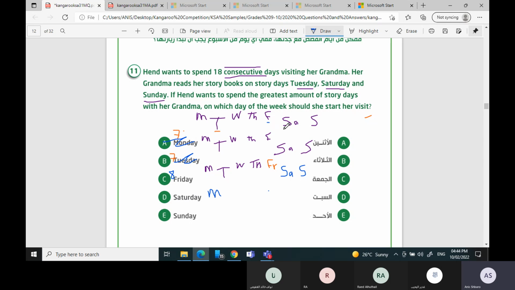So if she arrived on Saturday, she will stay for one more day here. I'm going to deal with 1, 2, 3, 4, 5, 6, 7, 8, and 9. So it's a bigger number. I can take off the Friday. Of course, it's Saturday or Sunday.